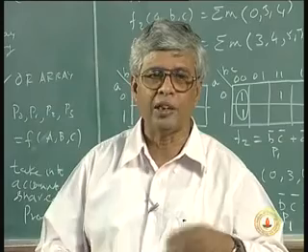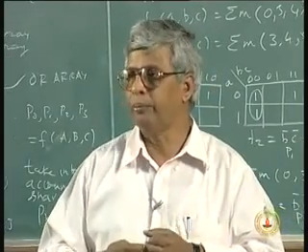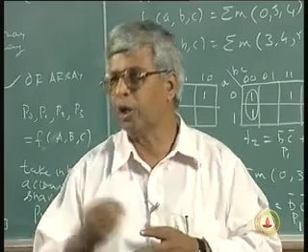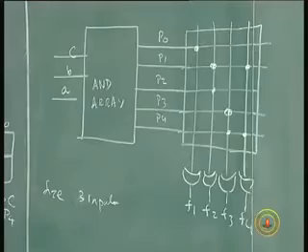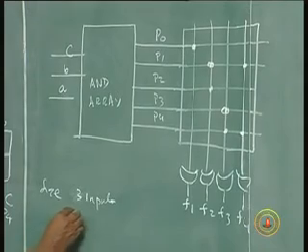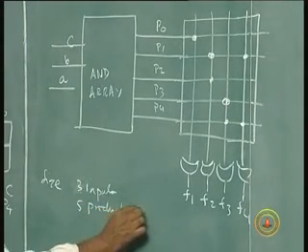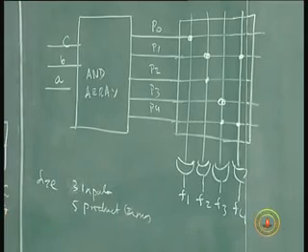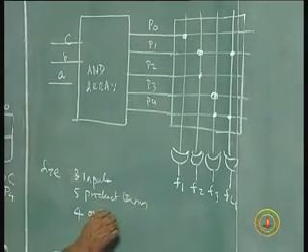You can't say give me a 32-bit ROM. You can say give me an 8 by 3 ROM, or a 3 input, 3 output ROM. Like that, in this case I should give the number of inputs, the number of product terms it should make, and the number of outputs. So I should give here 3 inputs, 5 product terms. I should be able to generate 5 product terms using these 3 inputs, and then I need 4 outputs. This is how the size will be determined.